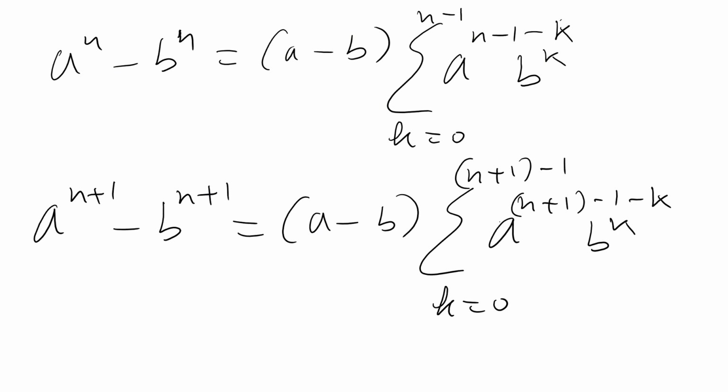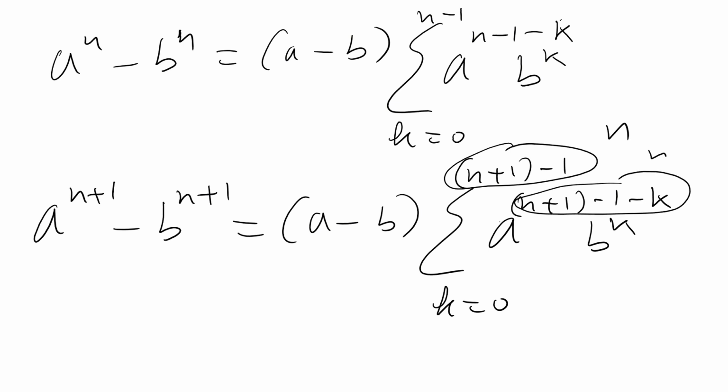So that's what we have. So basically what I suggest is you can simplify this further. So this will give you just n, and here it's going to give you n minus k, right? I think that's the case.